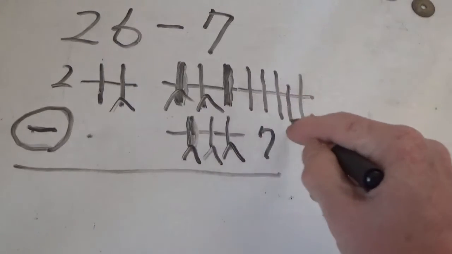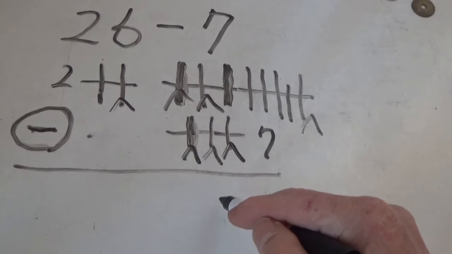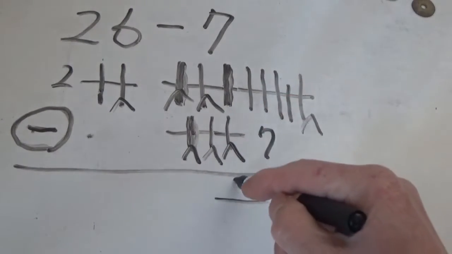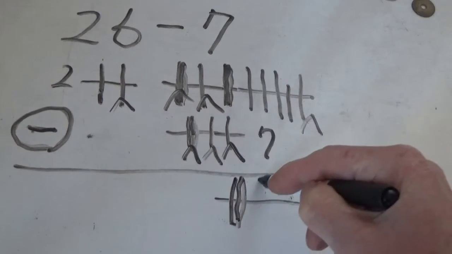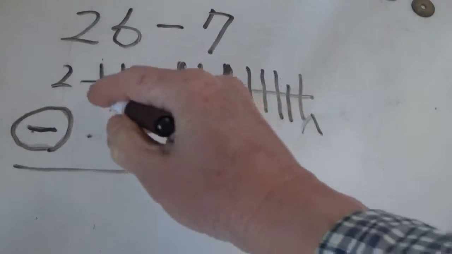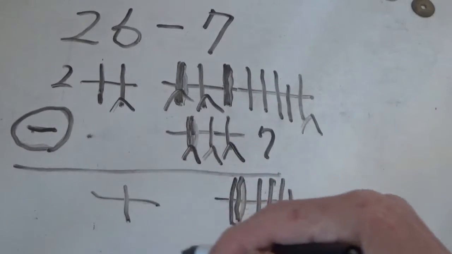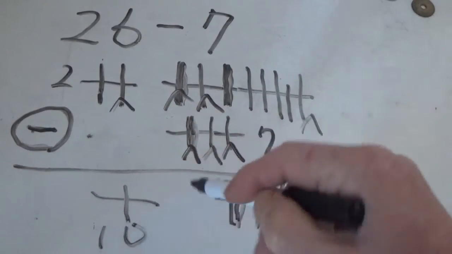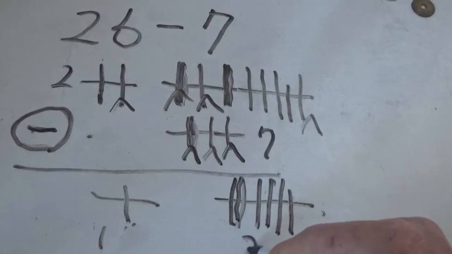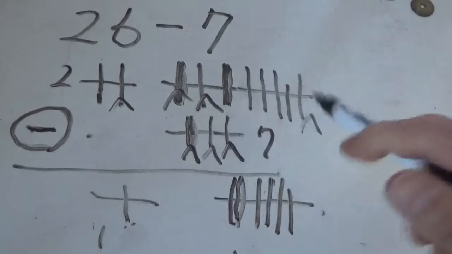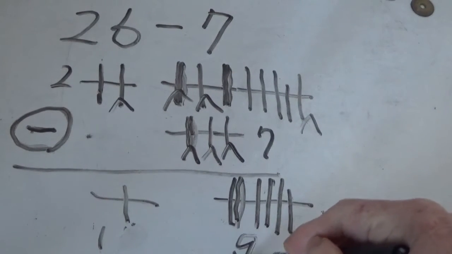So the remaining, it's 5, 6, 7, 8, 9, and remaining 10. So the result is 19.